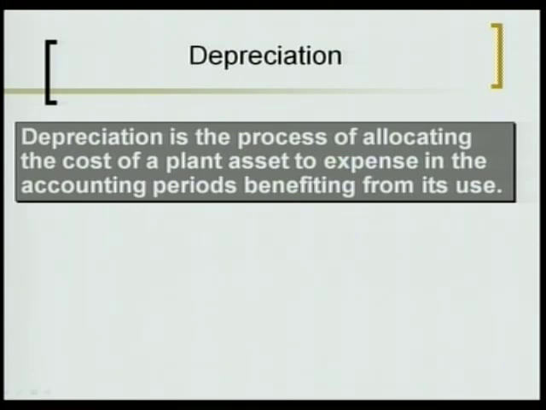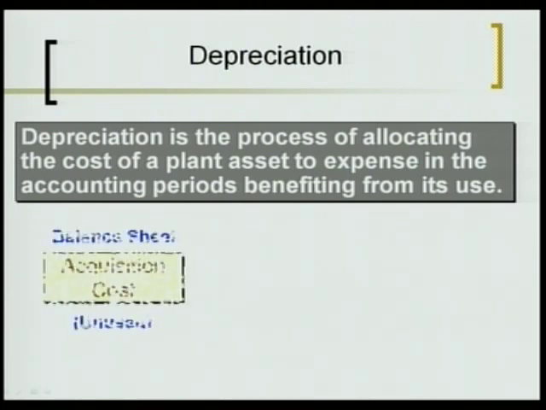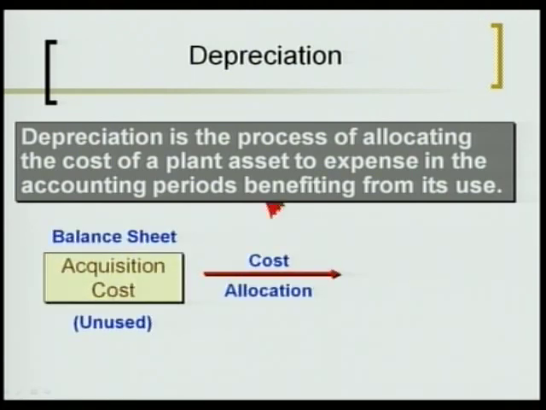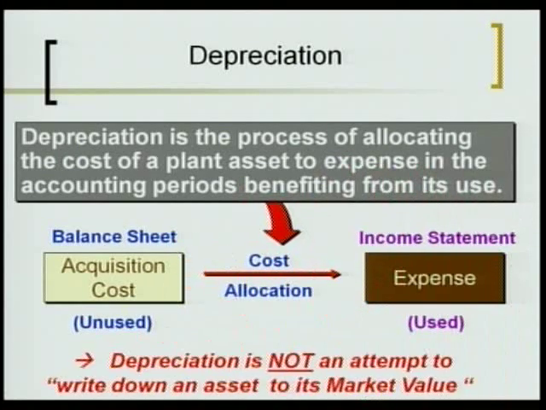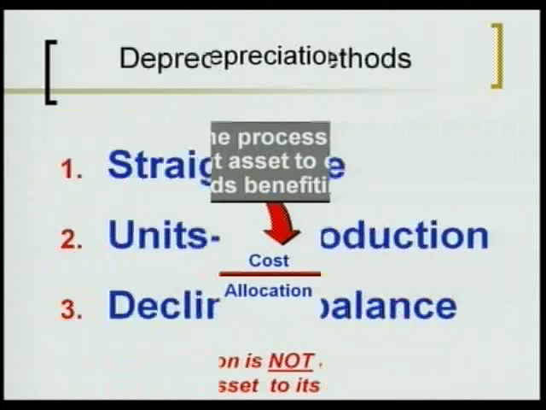Depreciation, the purpose is not to record market value depreciation, because that's a completely subjective notion. What we're doing is just simply spreading out the expense over the number of periods, okay? So it's a way to spread that asset out over the income statement as an expense, okay? But it is not an attempt to write down an asset to its market value, okay?